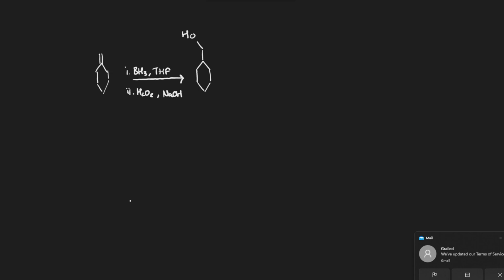So let's take this alkene, for example, and our reagents here, BH3 and THF is our solvent, and for our second reagent, the oxidation, we have hydrogen peroxide and sodium hydroxide, and our product will be giving us this primary alcohol here.